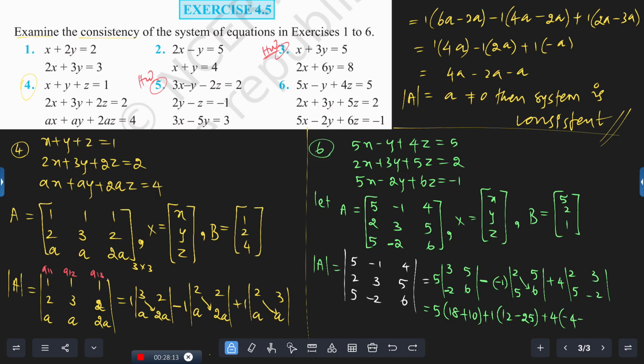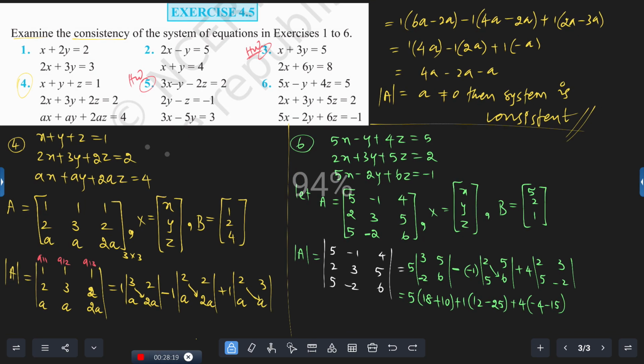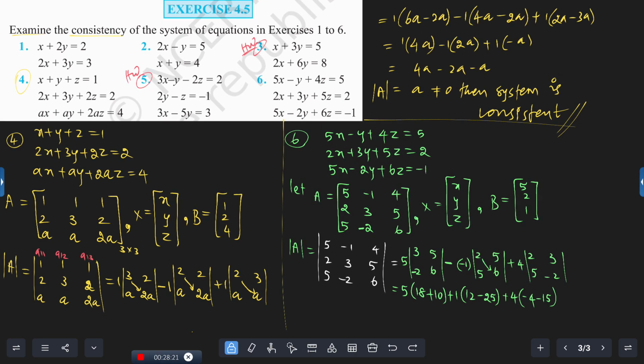Formula minus 5 3s are 15. If you simplify, you comes to know what it is. Okay. Now what it is? 5 into 28 plus 1 into 12 minus 25 minus 13. Now plus 4 into minus 19.